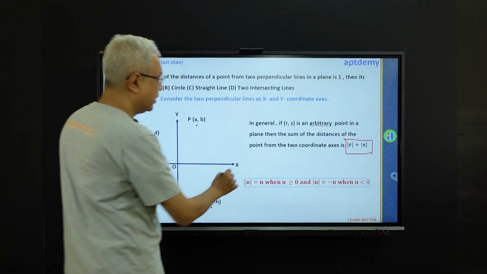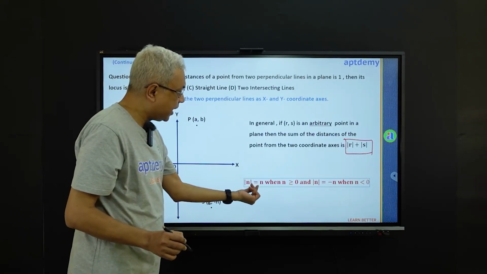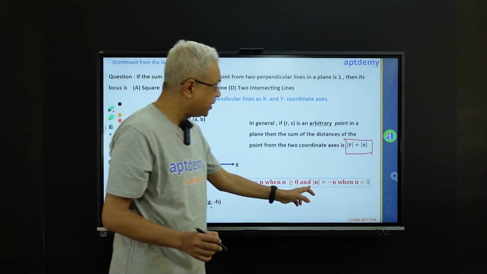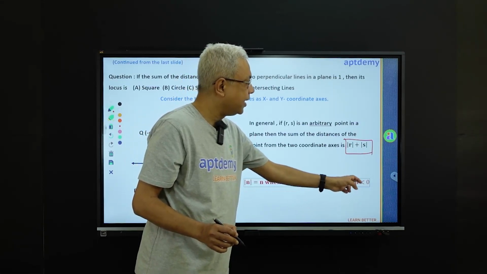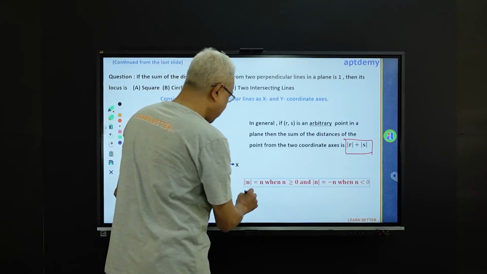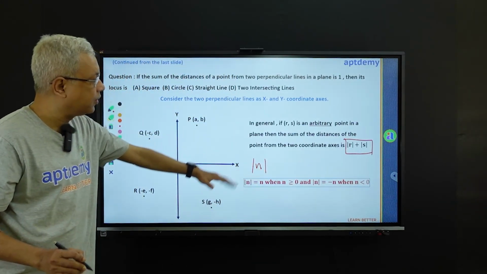Because you know, when I talk about absolute value, mod n is n when n is 0 or a positive number, and mod n is negative of n when n is a negative quantity. So this is the definition of the absolute value of a quantity.